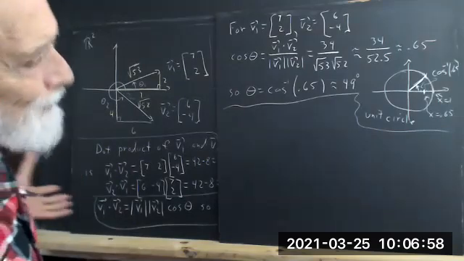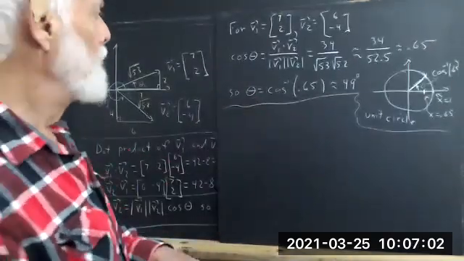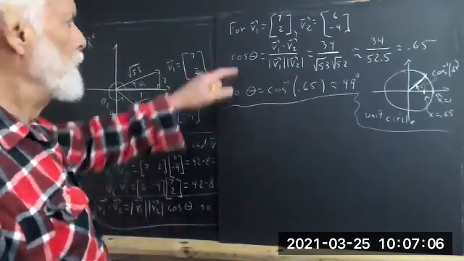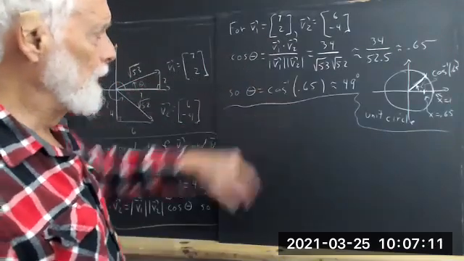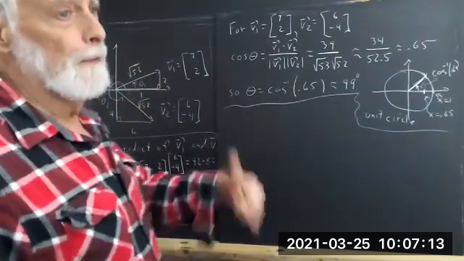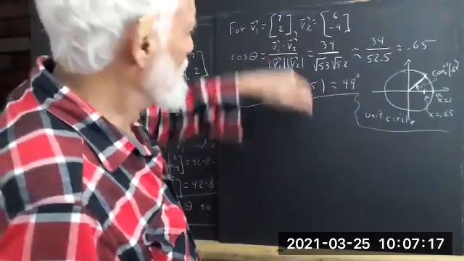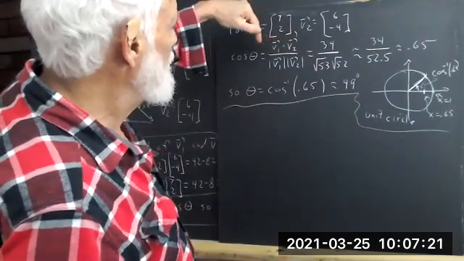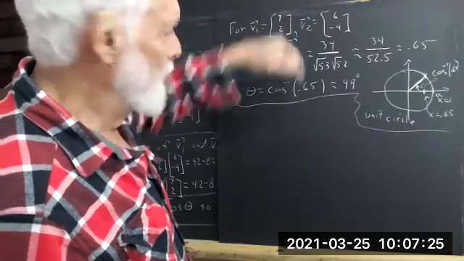Okay. Ideally, you're in a position to understand all of this. But the most important thing is that you understand that by using the dot product and the magnitudes, obtained from the Pythagorean theorem, the angle is easily calculated, and you can do this on your calculator.